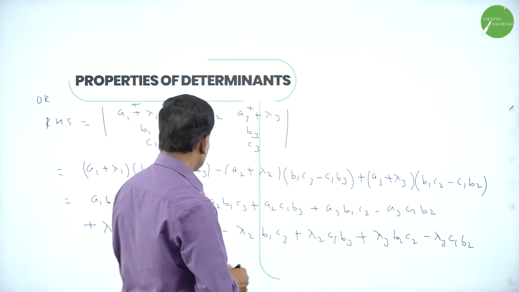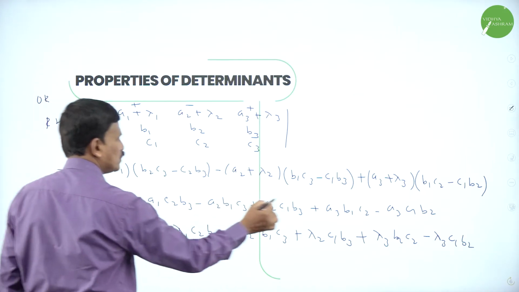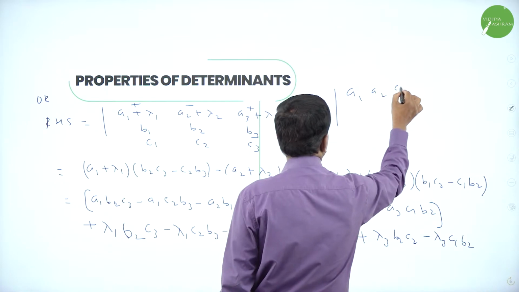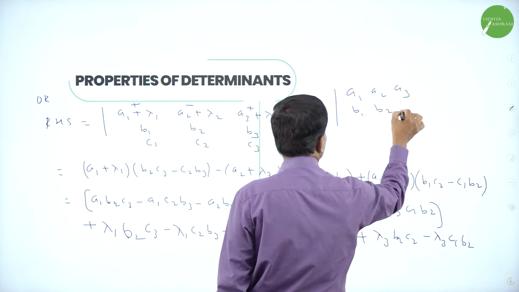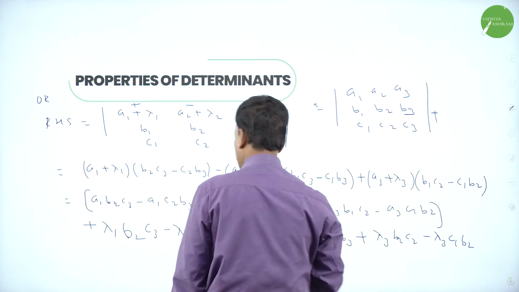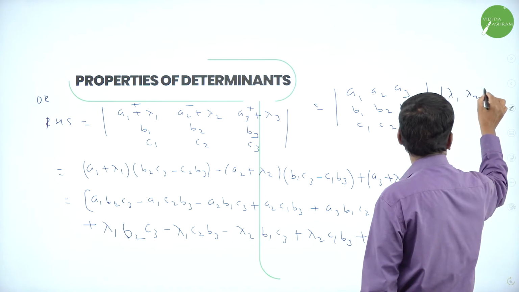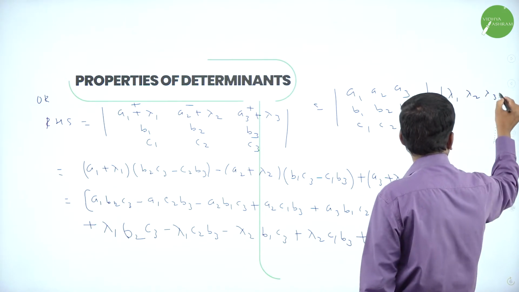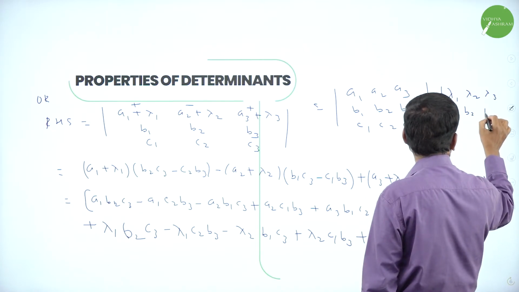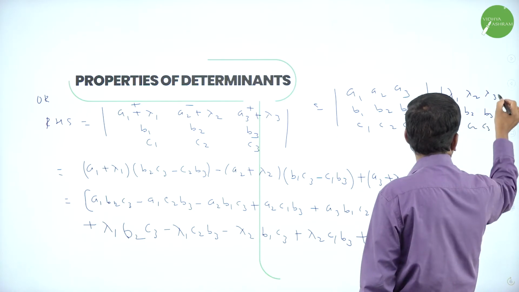So if you observe carefully, the first term is equal to A1, A2, A3, B1, B2, B3, C1, C2, C3, plus the second term is nothing but lambda 1, lambda 2, lambda 3, then B1, B2, B3, then C1, C2 and C3.